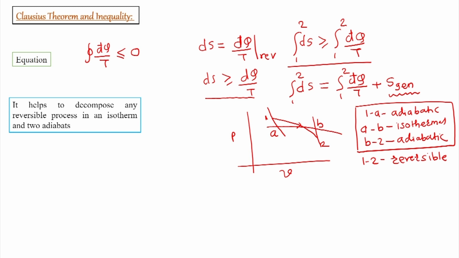Basically, we try to say here that the work and heat interaction in the actual process 1 to 2 is same if we don't consider 1 to 2 and if we consider the other 3 set of processes which the system actually undergoes between points 1 to 2 or in states 1 to 2.